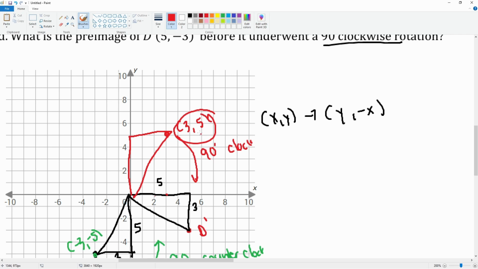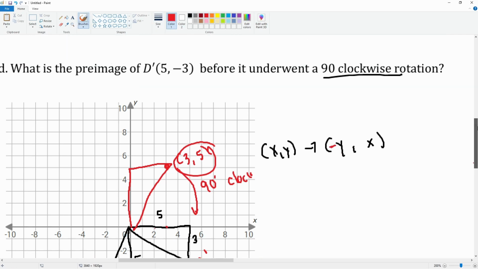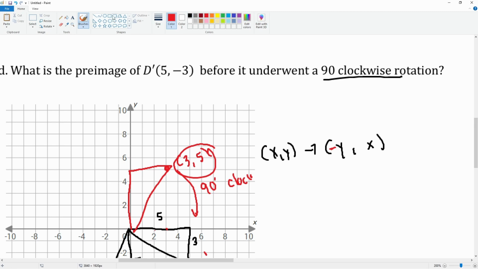So let's see, it's going from 3 comma 5 all the way to that. So what is changing? The Y value is changing. So let's clean this up. The Y value is changing. Okay, that makes sense. That does follow the rule of a 90 degrees counterclockwise. So this would be the answer. Okay.